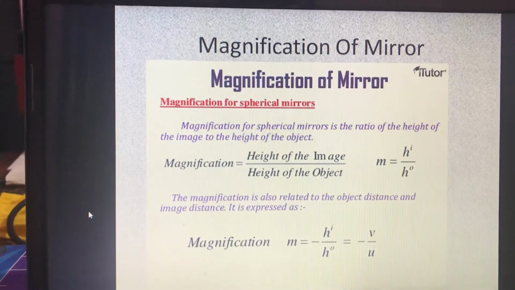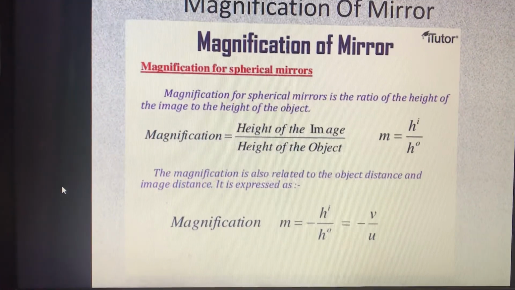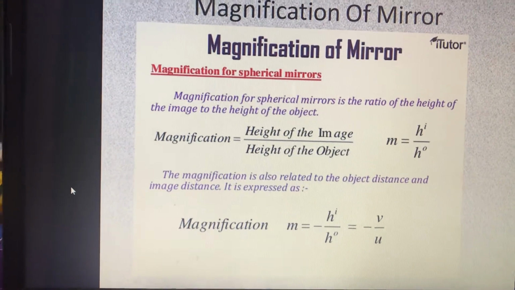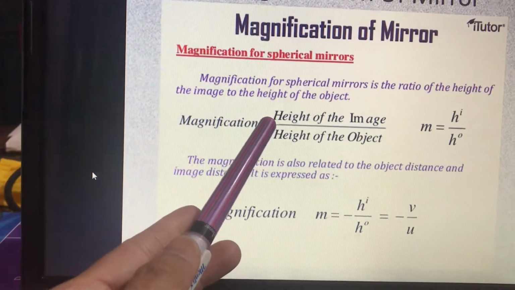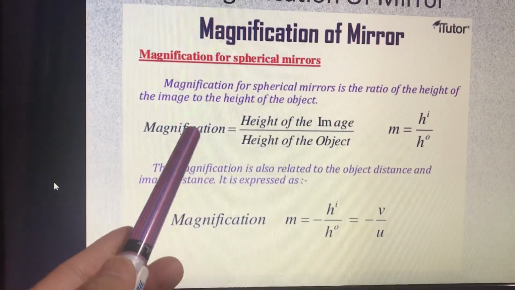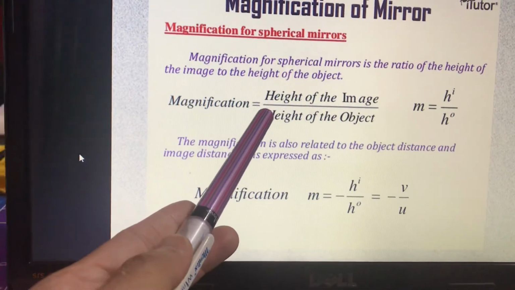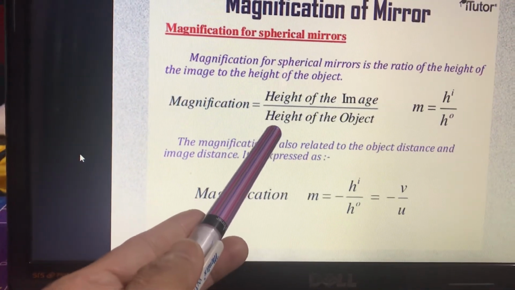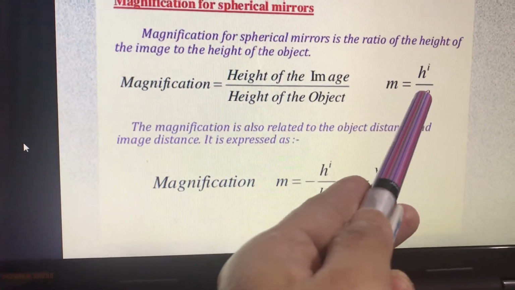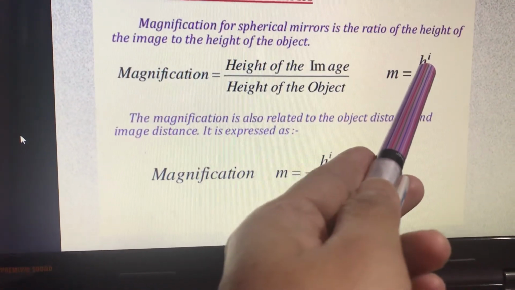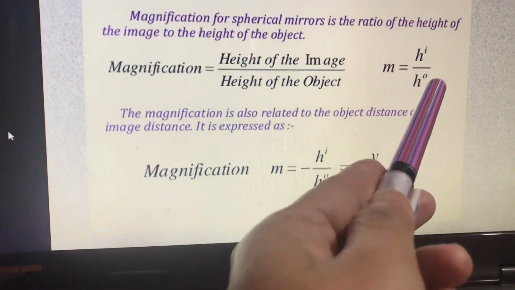Next is magnification of the mirror. Now you know that mirrors form magnified images, so it is taken as the ratio of the height of the image to the height of the object. So magnification m is given by the formula height of the image divided by height of the object, in short hi, or we also take it as h dash, and ho, height of the object, or simply h.